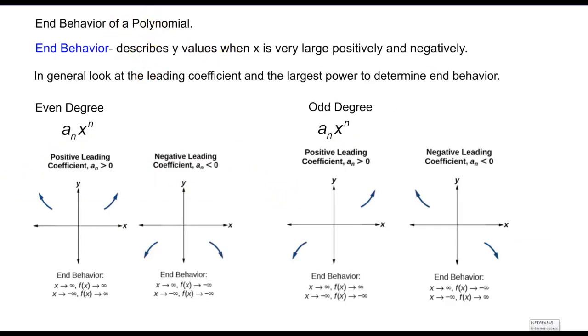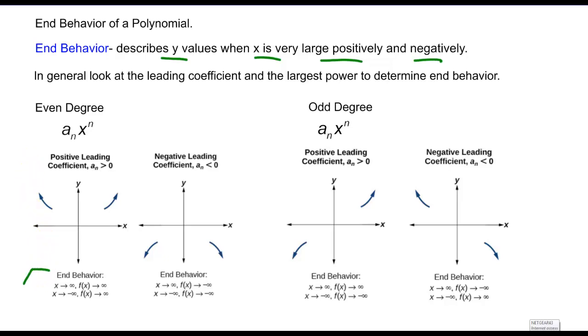So we've talked a little bit about end behavior freshman year, and what end behavior basically does is it talks about the y values when x is very large, both positively and negatively. So if we have an even degree, and we have a positive leading coefficient, so a sub n is positive, then when x gets very large in the positive direction, y will get very large, and when x is very large in the negative direction, y will get very large.